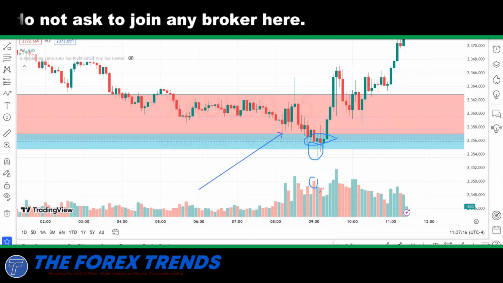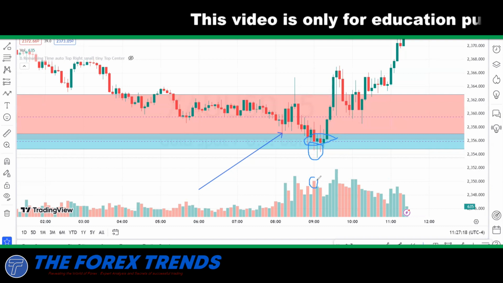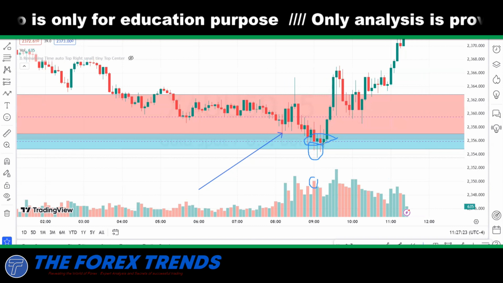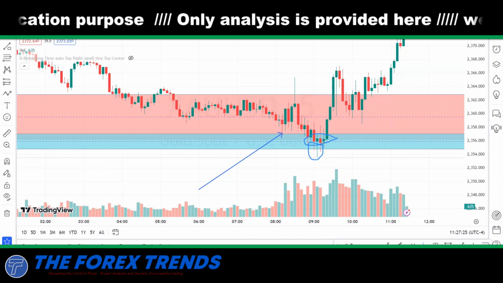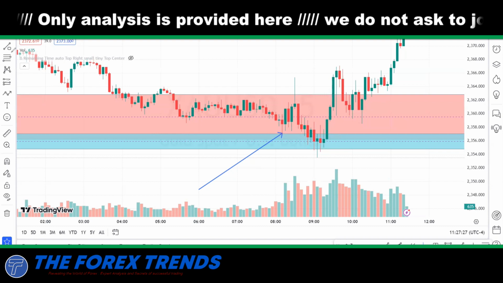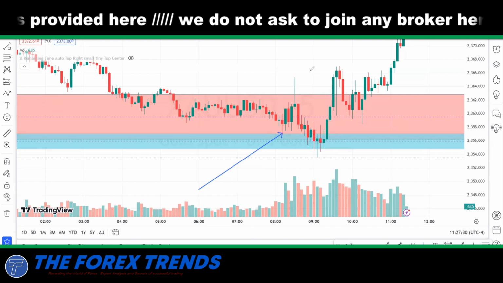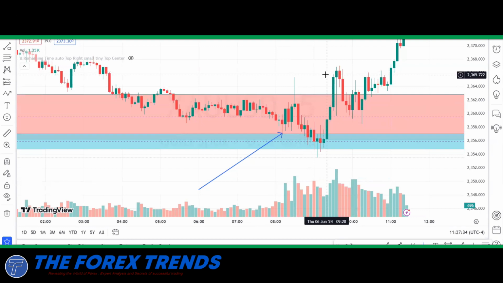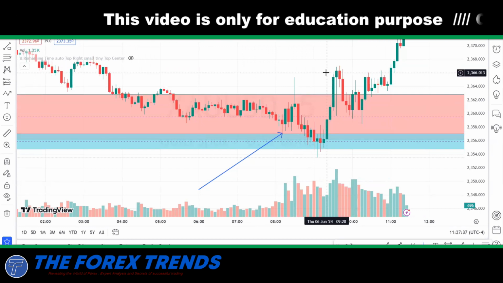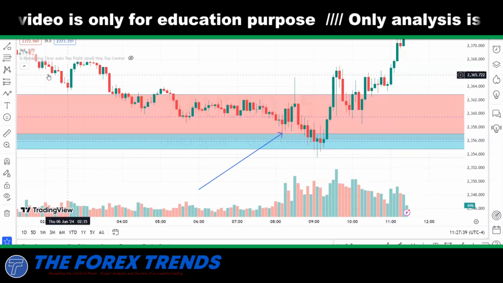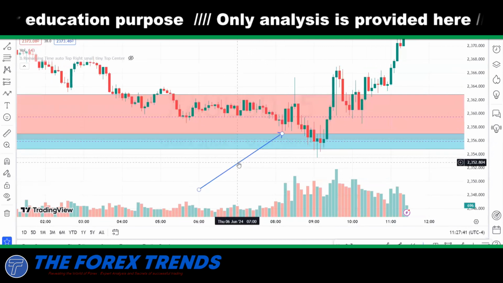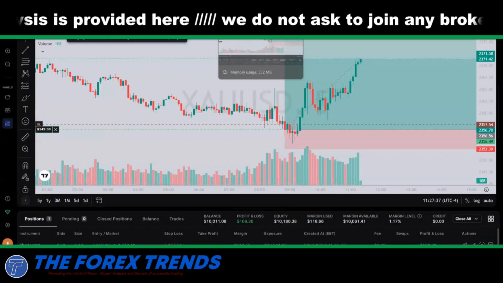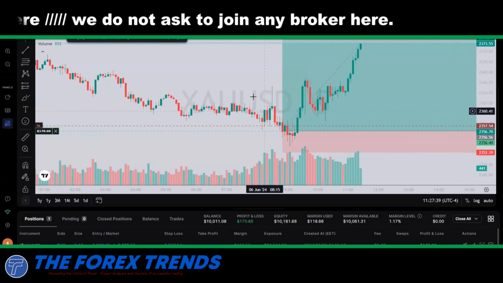If you check the volume in the down candle, it is a high volume, that means it is a sign of strength, and I initiated a buy again from this level, and I booked some profit from this level, that is the 2366 level, again 50% of the trade, and the remaining trade is still running.